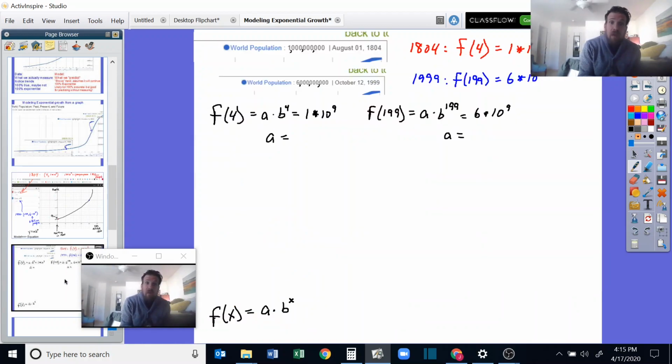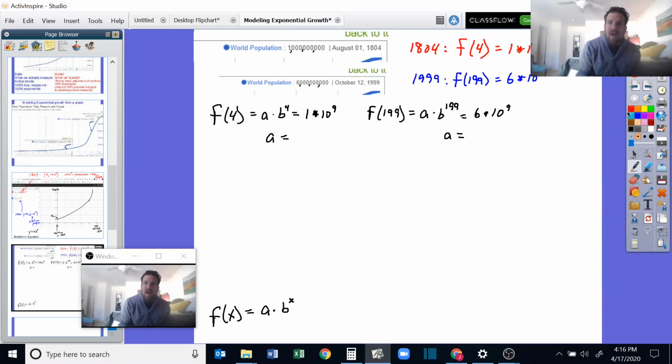If I can find that number, it's going to be the same number that models the 4th year. It's going to be the same model that models the 199th year. So this starting point is going to be the same a number. What I'm going to do is solve for this a. So I've got a times b to the 4th equals 1 billion.